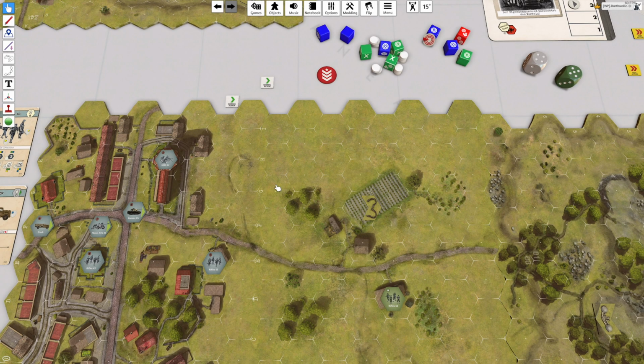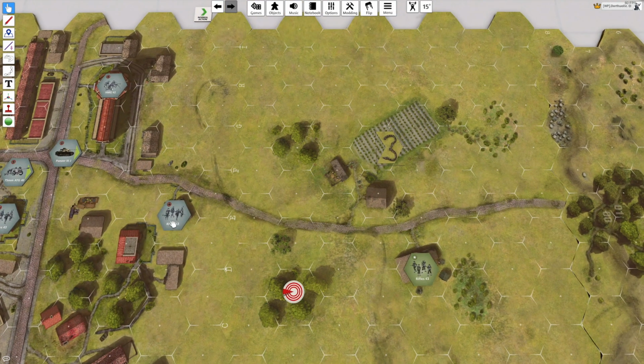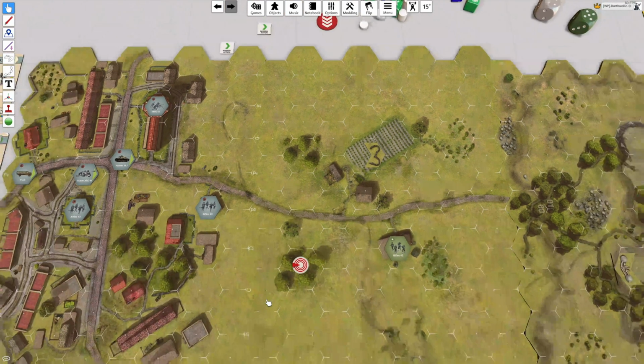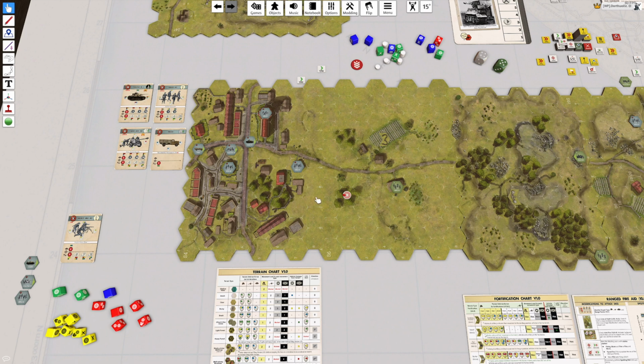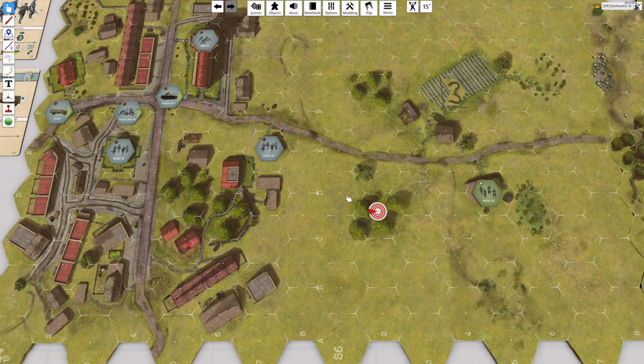Okay, if we decide now to perform a fast action, it looks like this. I want to take this unit into this forest. I will mark it here, and I have to count my movement. I need to go inside this forest, and I can check the terrain chart. Clear is 1 point for movement, so I have 1, 2 here, and then my movement allowance is done.